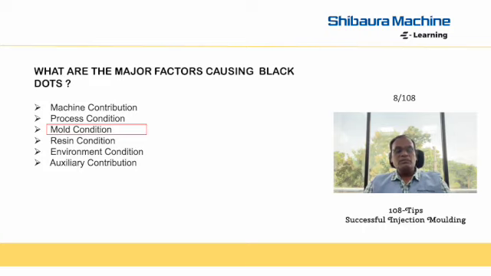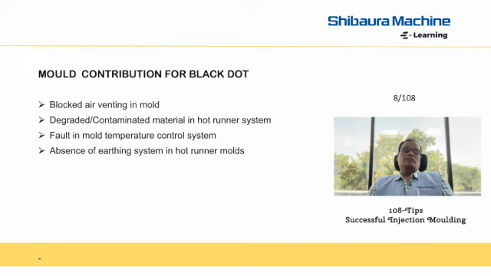Today we are going to learn about the factors contributed by the mold for black dots. A mold in an injection molding machine also contributes to the black dot. The reason normally from the mold is a blocked air vent. A blocked air vent in the mold leads to trapping of air, which can lead to the black dot.